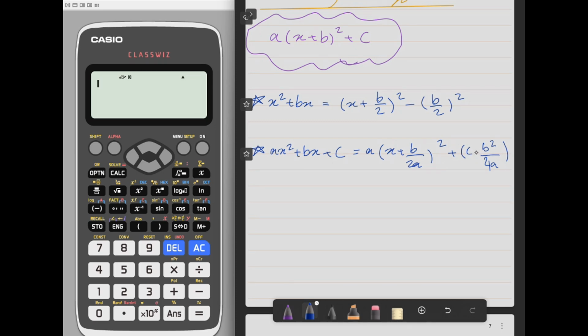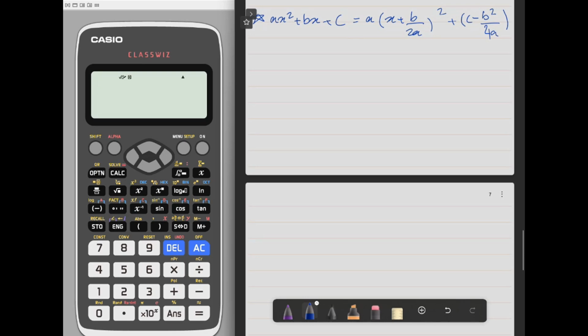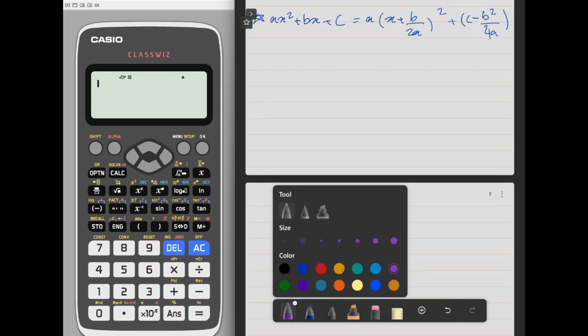So ax squared plus bx plus c by the formula becomes a times (x plus b over 2a) squared plus c minus b squared over 4a. So I'm just gonna write examples and we're gonna do it together so we can see how the process goes.